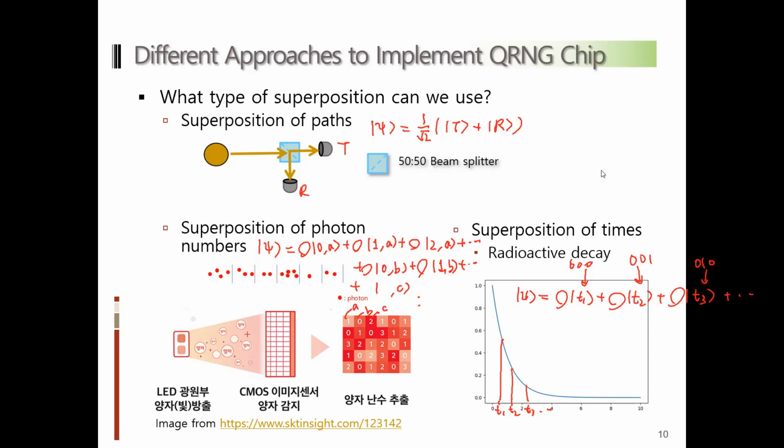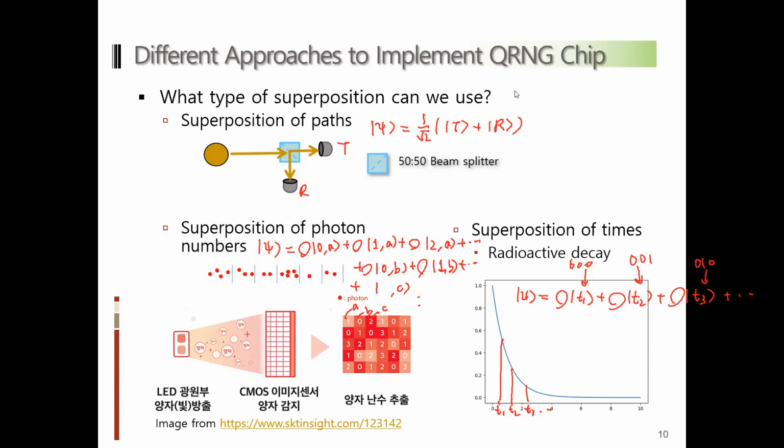These are quite interesting implementations. But one thing I actually want to emphasize here is that it has nothing to do with quantum cryptography. If we are to implement a quantum cryptography system, a QRNG chip might be used, actually is used a lot, but that doesn't necessarily mean the QRNG chip by itself is quantum cryptography.